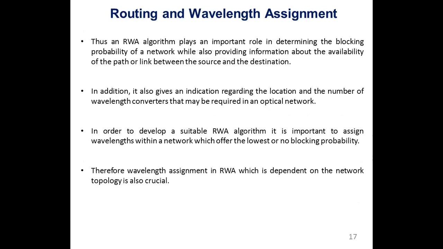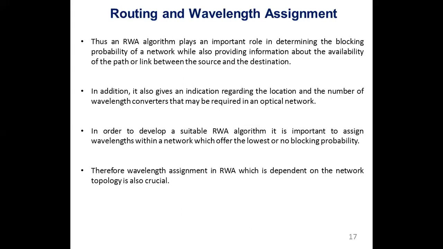Therefore, this RWA algorithm will play an important role in determining the blocking probability of a network, while it is also going to provide information about the availability of the path or link between the source and the destination. So what is the other advantage? In addition, it will also give an indication regarding the location and number of wavelength converters that may be required in an optical network.